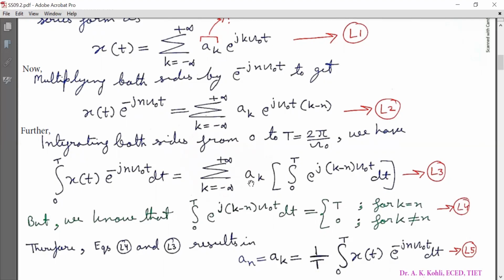So by simplifying this equation L3, I can get a_n is equal to a_k is equal to 1 by T integration from 0 to capital T x(t) e raised to power minus j n omega naught t dt. Mark it as equation L5.